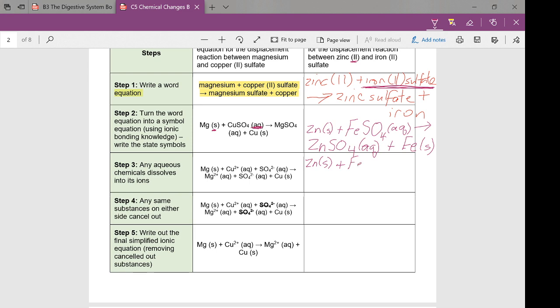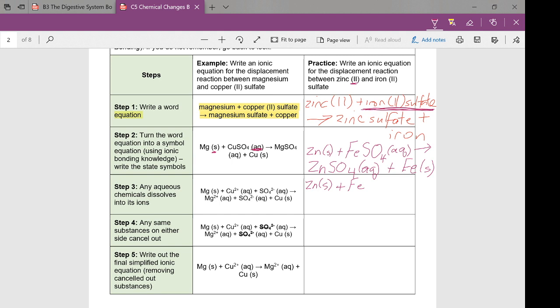So Fe2+, I got the 2 from the question because it says iron 2, that's dissolved, plus SO4 2-, that's dissolved, arrow ZnSO4, Zn2+, that gets split as well because I see aqueous is split, plus SO4 2-.